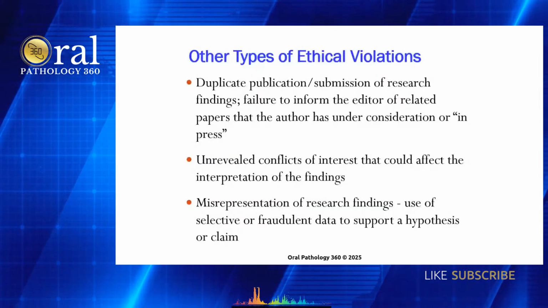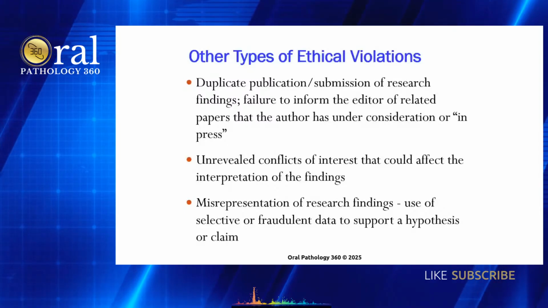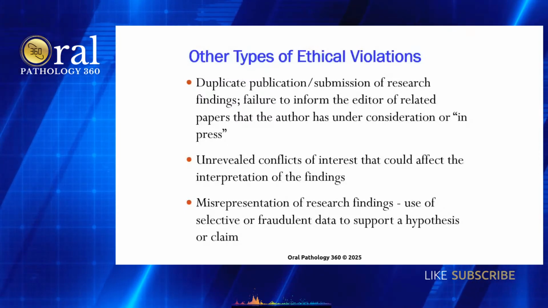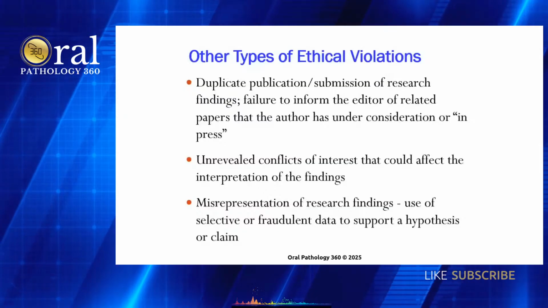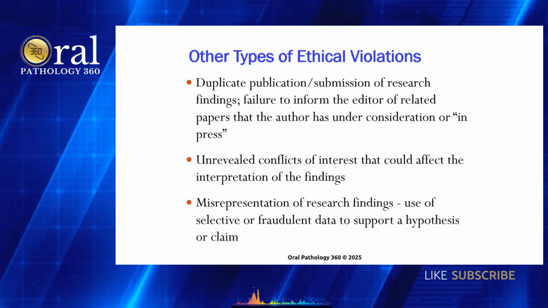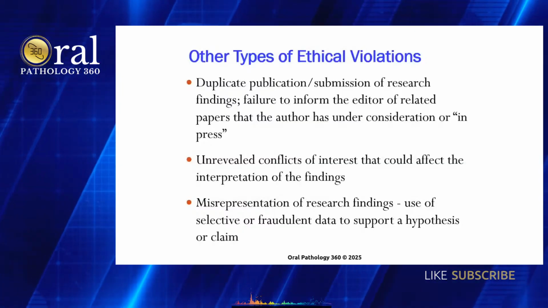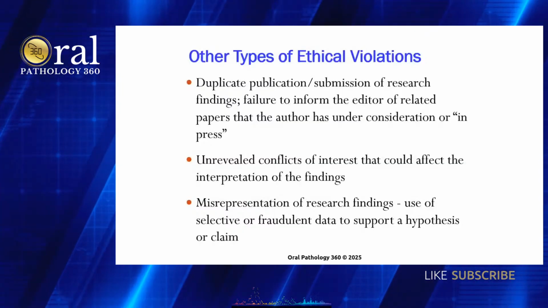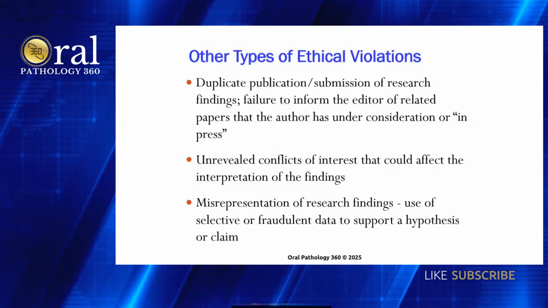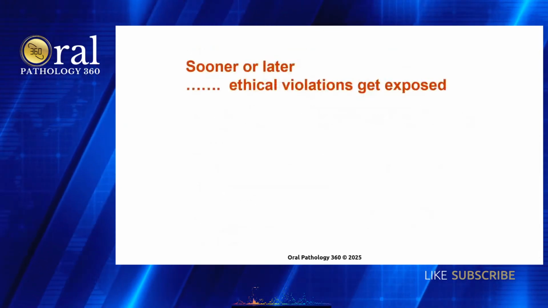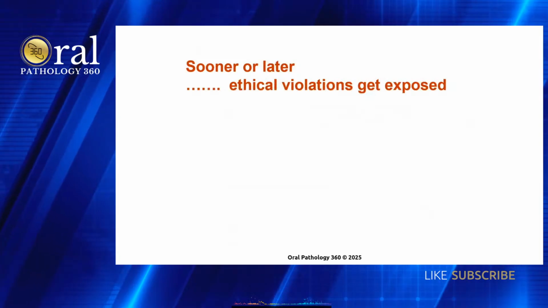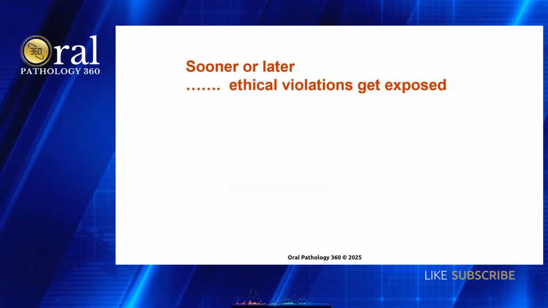So, if you have done that, mention that in the conflict of interest. Otherwise, whenever you submit a paper, you have to submit something called no conflict of interest. Then, misrepresentation of research findings, use of selective or fraudulent data to support a hypothesis, that is also an ethical violation. Sooner or later, ethical violations get exposed. So, be careful, don't be a victim of that.